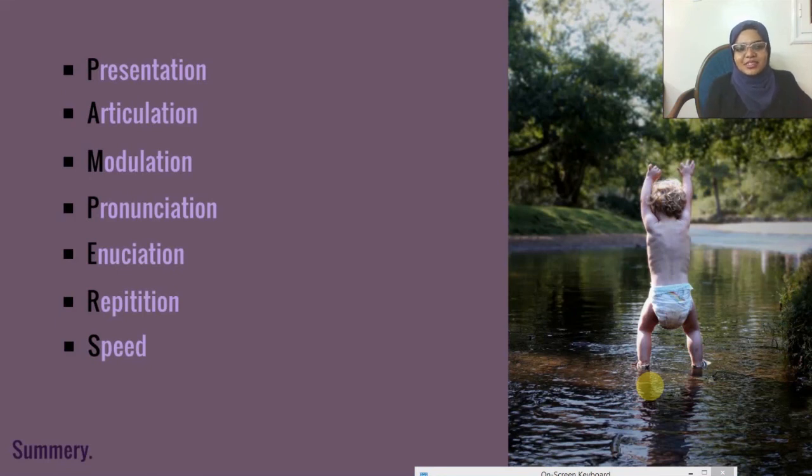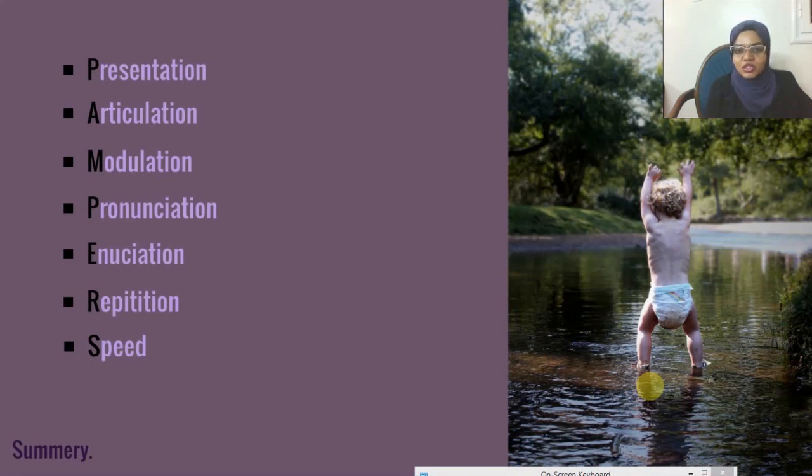Remember the bumpers. The presentation: the layout, the design, the information written or included. The articulation: the terms used, or the words chosen.